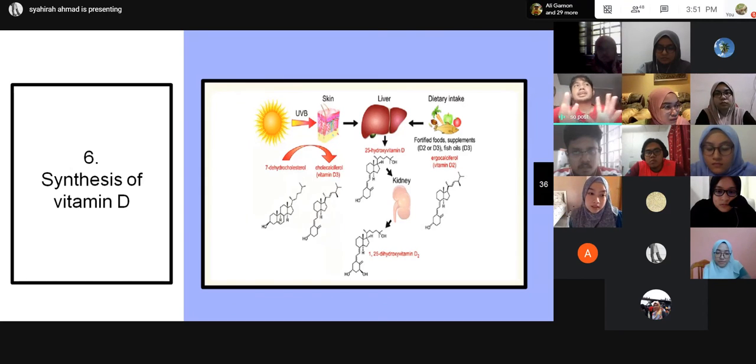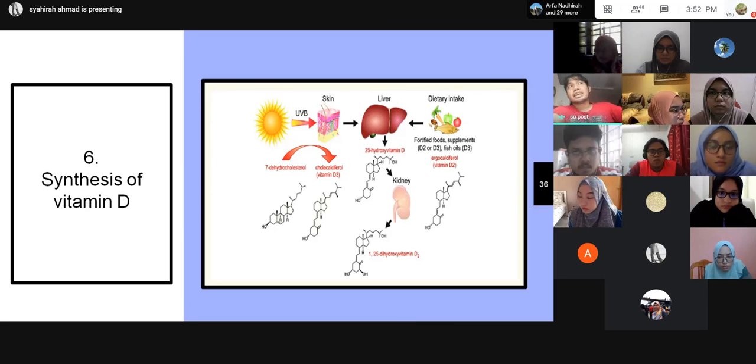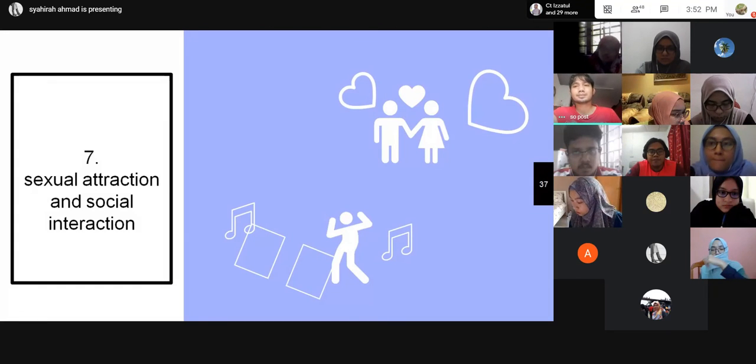And the vitamin becomes active after 25-hydroxy vitamin D, which is synthesized in the liver, is converted in the kidney into 1,25-dihydroxy vitamin D. So in those whose diets are deficient in vitamin D, this extra source of vitamin can be quite important. Okay. Next.